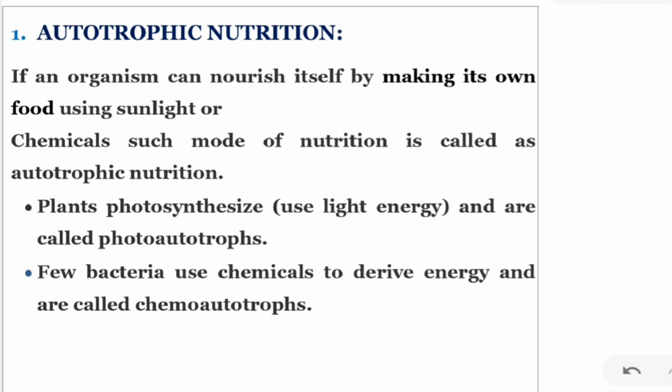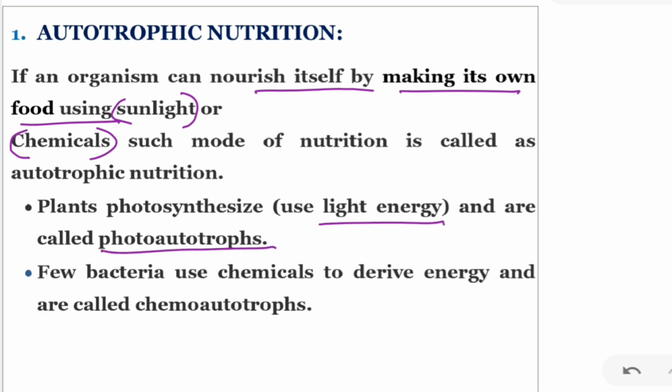So let's start with autotrophic nutrition. In autotrophic nutrition, organisms are able to make their own nourishment using either sunlight or chemicals. If those organisms prepare their own food through sunlight, we call them photoautotrophs.